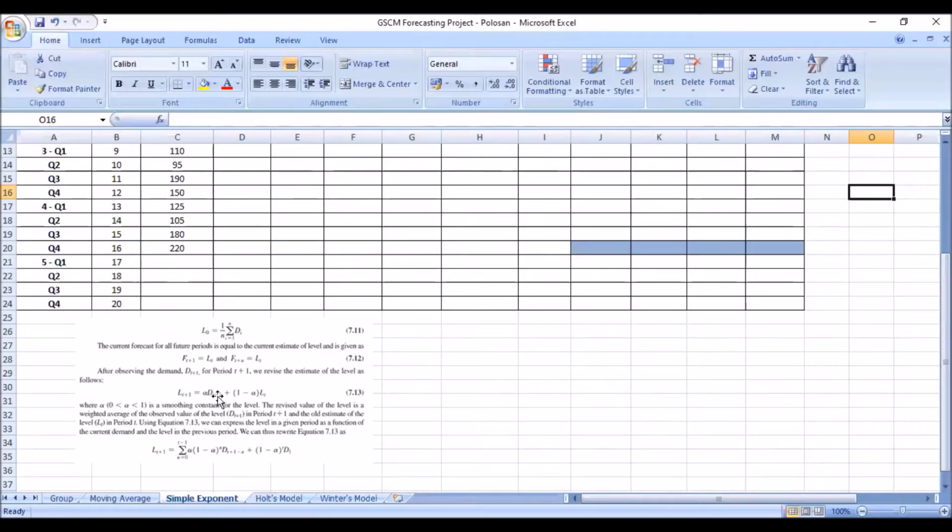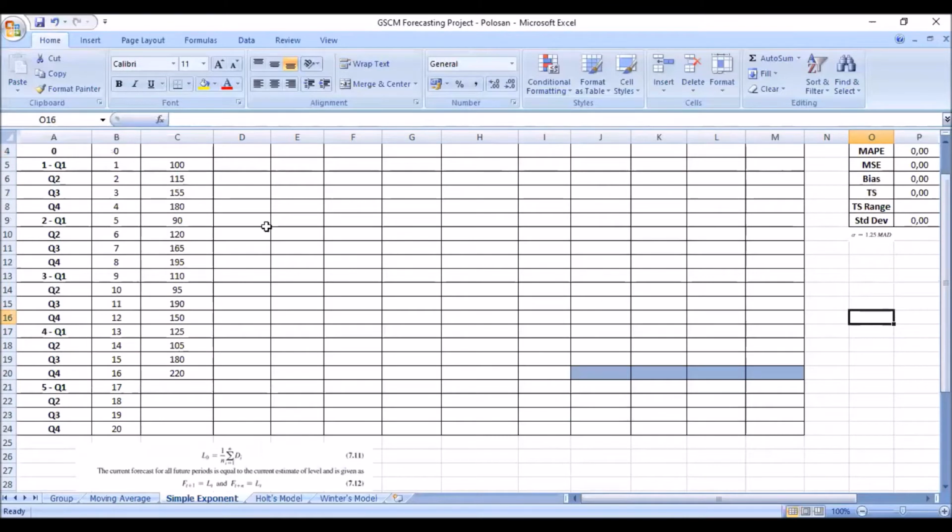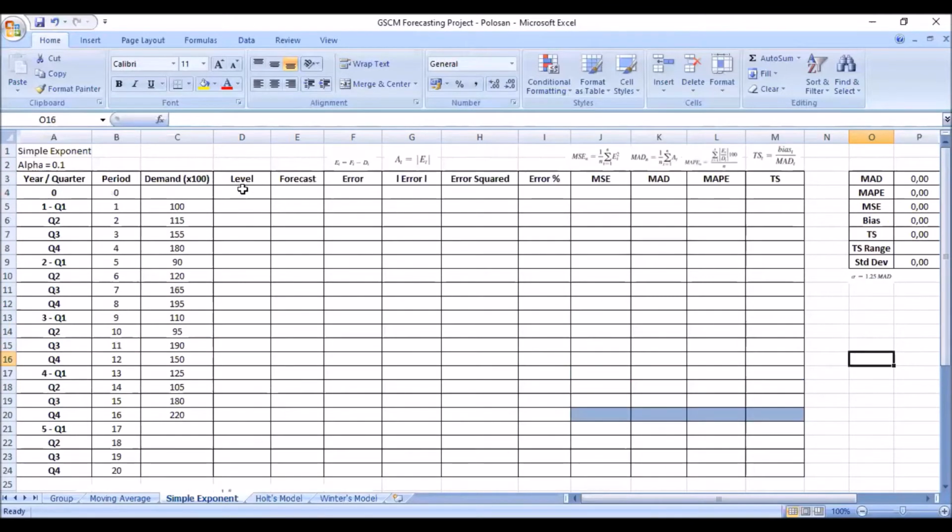And this applies for all of the levels. Usually alpha will be 0.1, that's the basic alpha, and the demand will correspond to the same period that we want to find the level for.